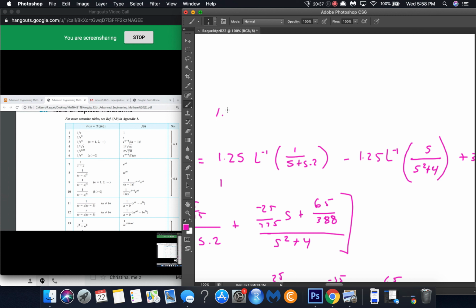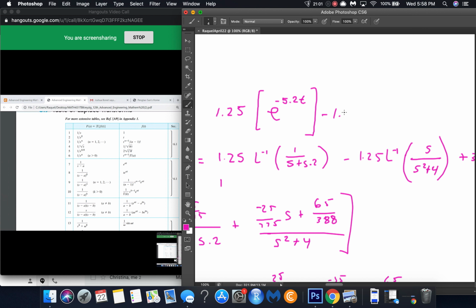It's going to be 1.25 times 1 over S plus 5.2 is going to be e to the negative 5.2 t. Notice that A is the number and it's minus. Since we have a plus sign, in order to get a plus here, this has to be negative.